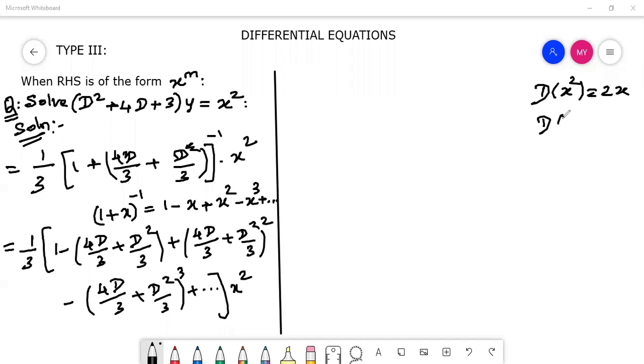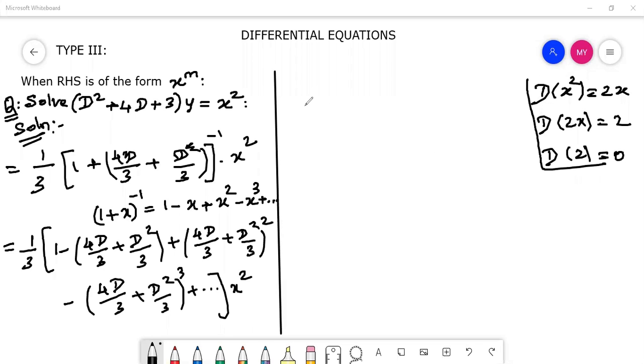Again D of 2x will be just 2, and then again D of 2 will be 0. So whenever you are having D³, okay, third time differentiation, your answer is 0, so you can omit that because it will vanish.